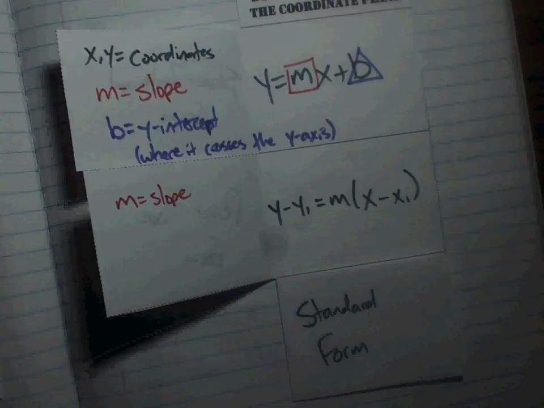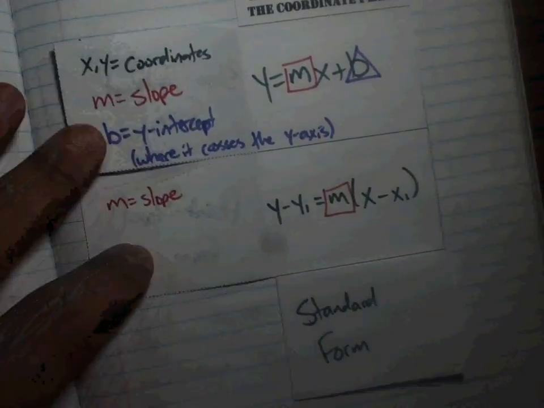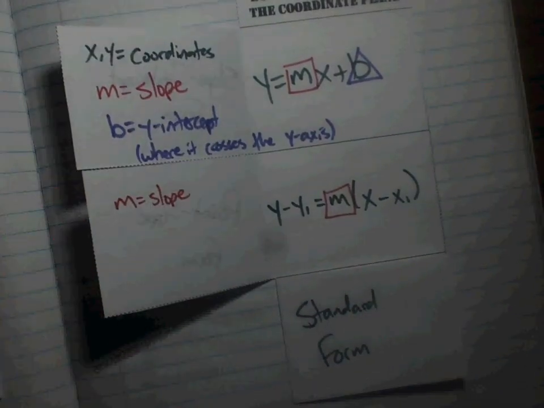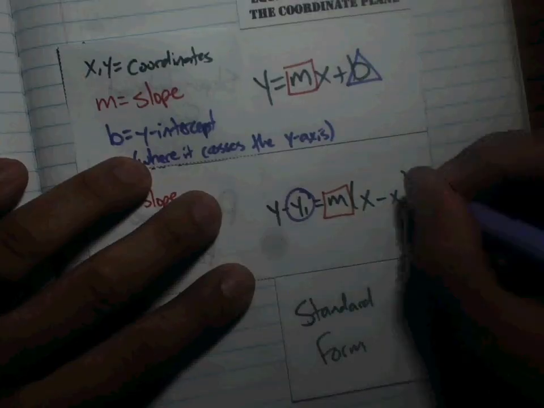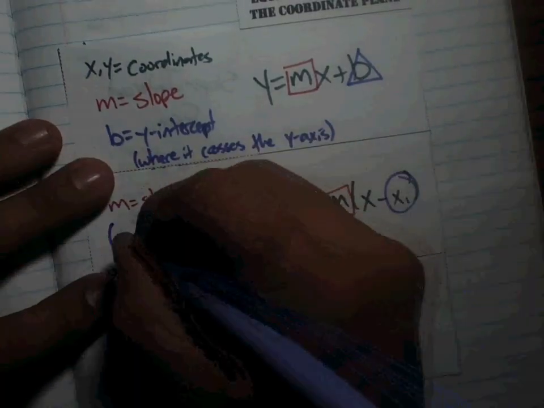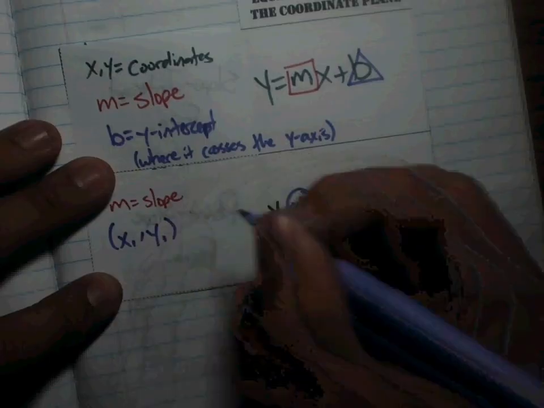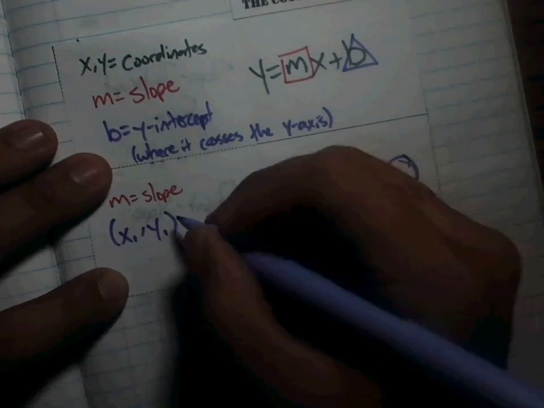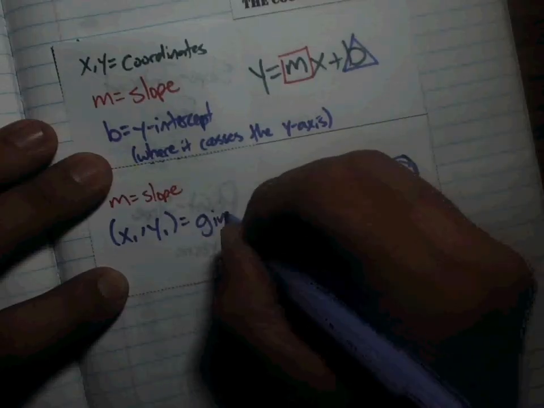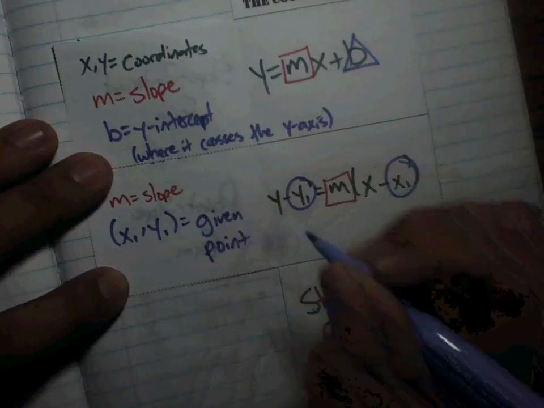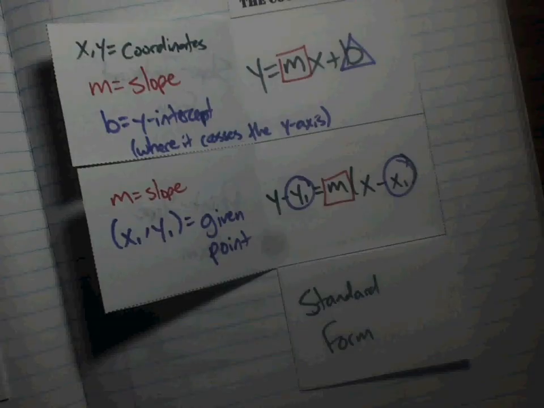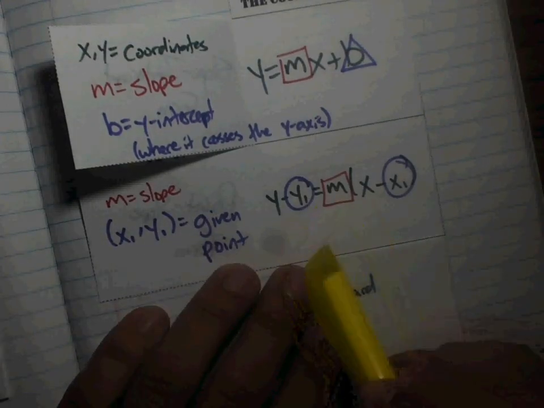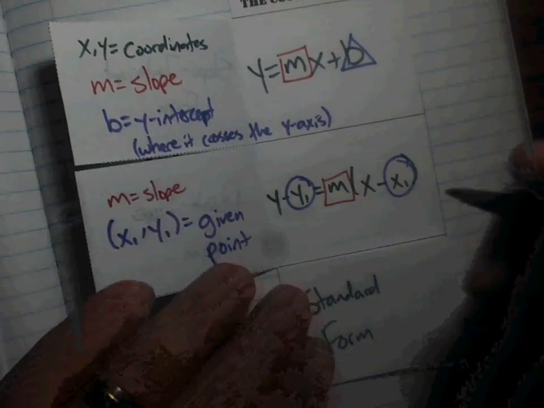But then you have x1 and y1. These are a given point. You'll see it when we get to it. It's pretty helpful, the fact that this is a given point.